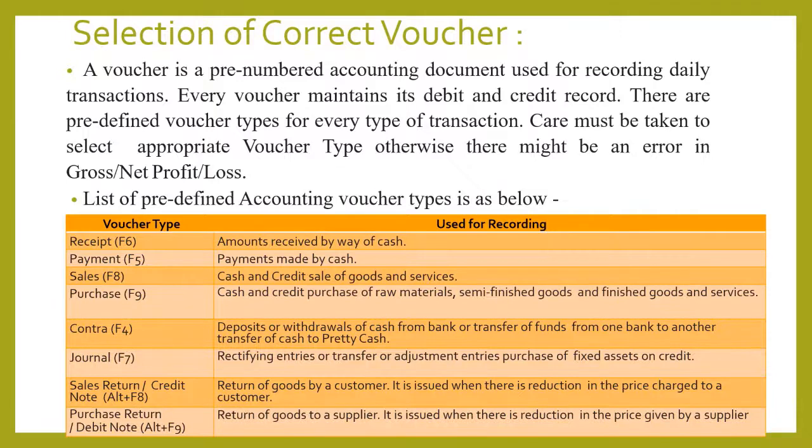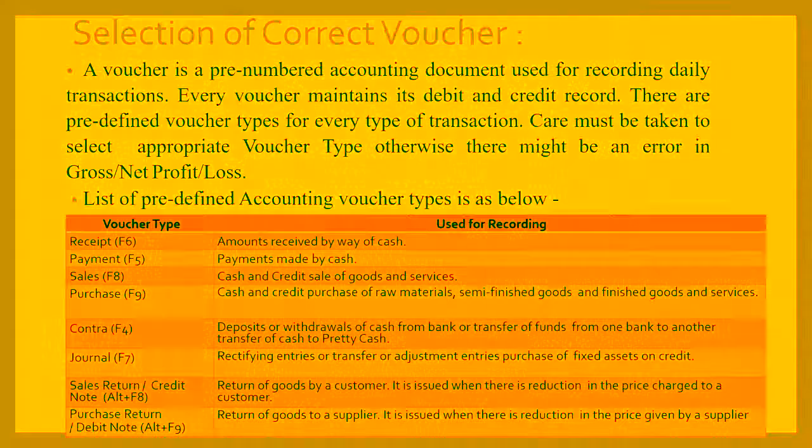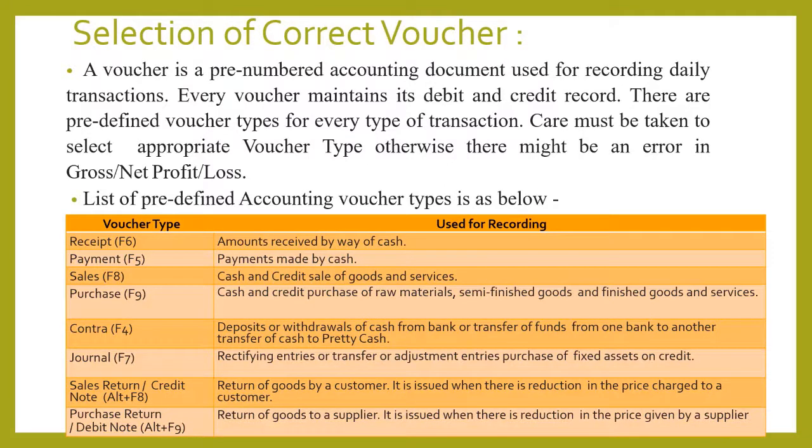So in this case, we use the credit note to make the entry of such types of transactions. And the last is purchase return or debit note. The shortcut key for this is Alt plus F9. It is for return of goods to a supplier, issued when there is a reduction in the price given by a supplier. So for this purpose, the debit note voucher is used.